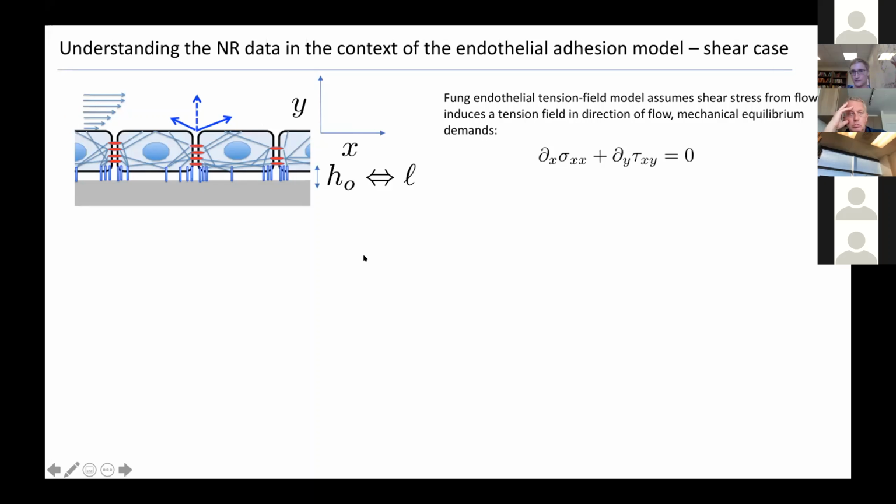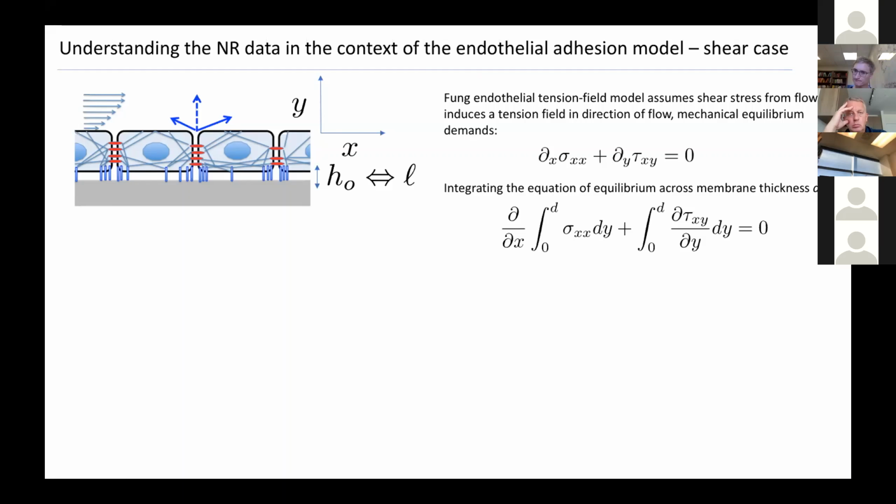This is no different than if you took a block of material and imposed a displacement in the direction parallel to that block. On the top surface, you would obviously cause a shear in the block as a function of the thickness of the block, where therefore the derivative is across the y direction, which is the thickness direction. So this is fairly classic mechanics.